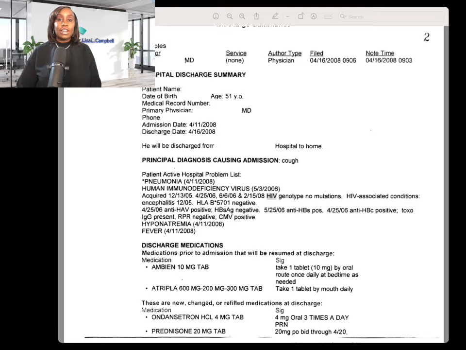So one of the things that I want you to know, our physician partners, our provider colleagues, they don't go to school to learn coding.